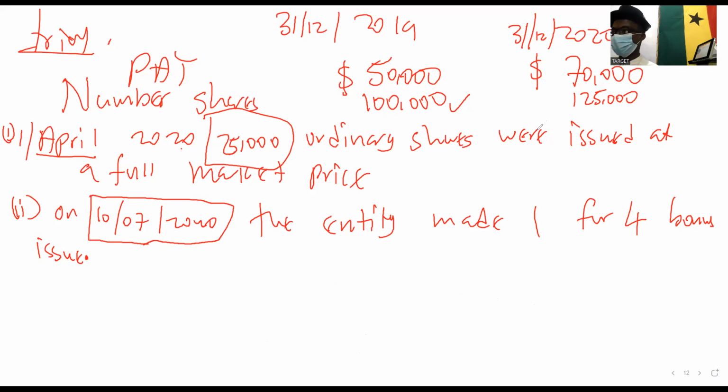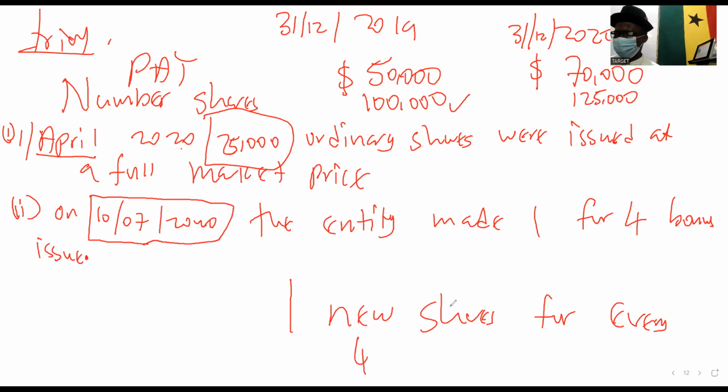Calculate the number of shares that will come in. When you see 1 for 4, it means 1 new share for every 4 existing shares.